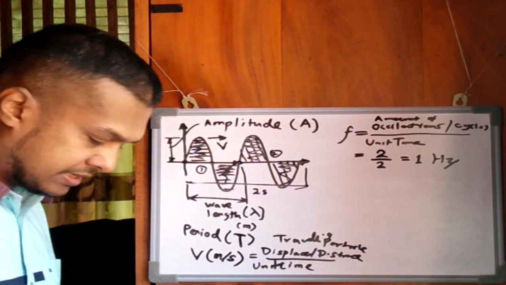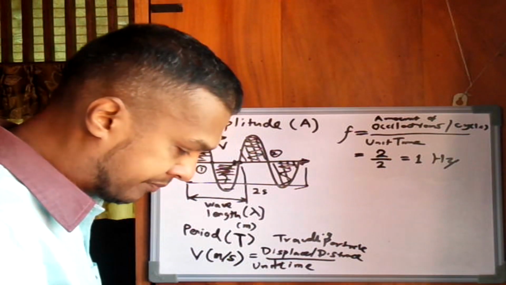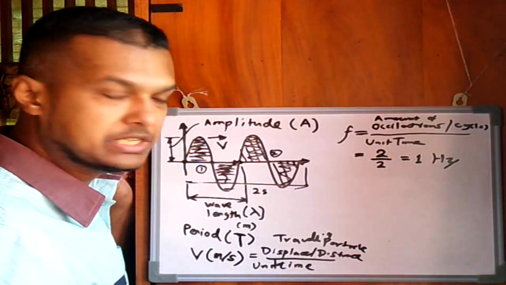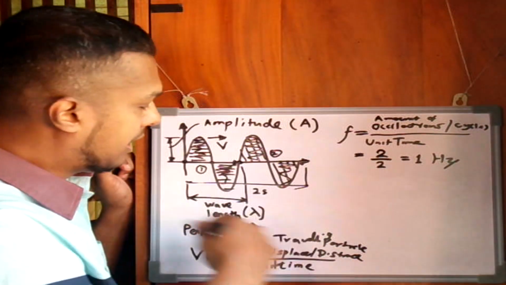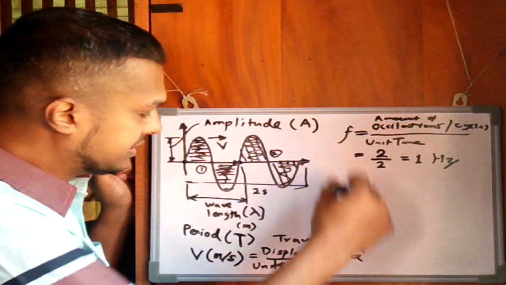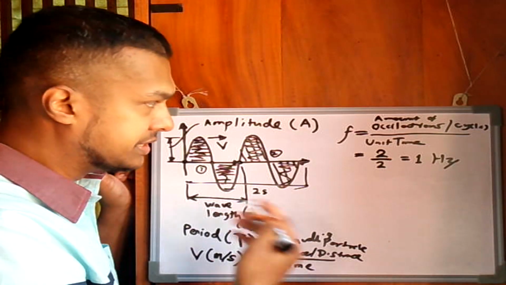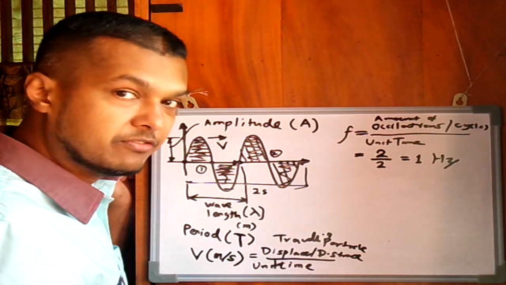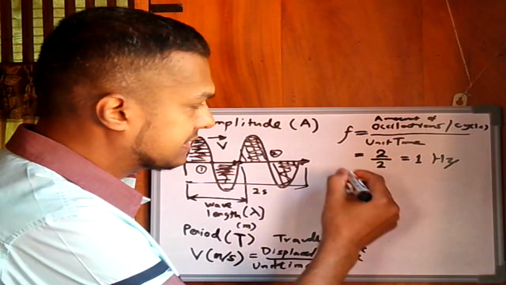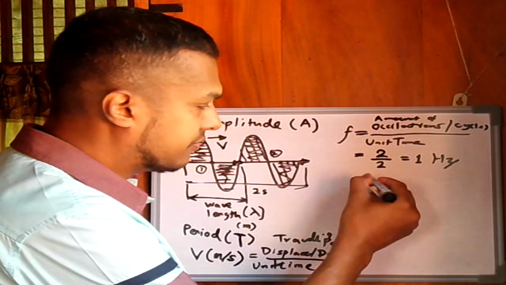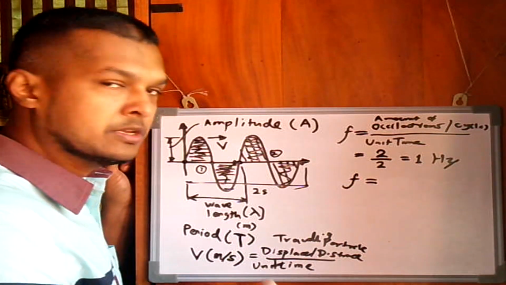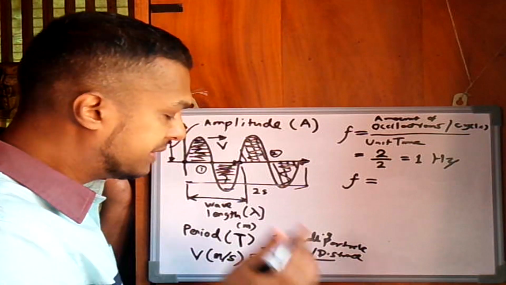Now, the last thing we need to learn is how these parameters relate to each other. There is a main formula for all these parameters. And before I go to the main formula, let's discuss a simpler formula, which is that frequency equals the inverse of the period.